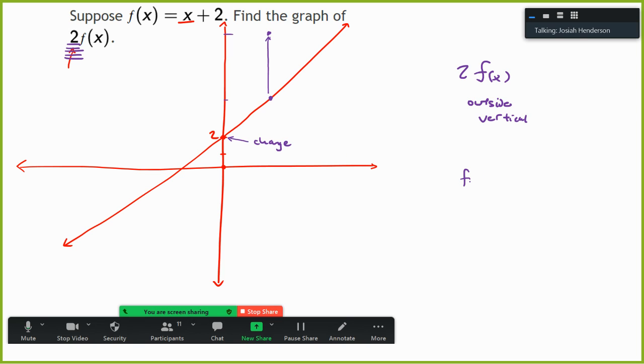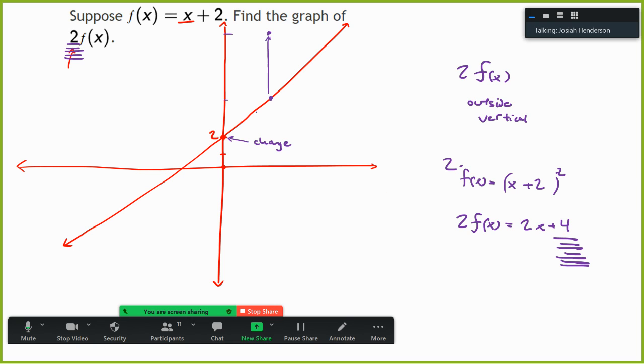So my parent graph, f of x is equal to x plus 2. If you multiplied both sides of this by 2, like our transformation is telling us to, then we get the transformation equals 2x plus 4. And that's the important thing that I forgot to mention earlier.